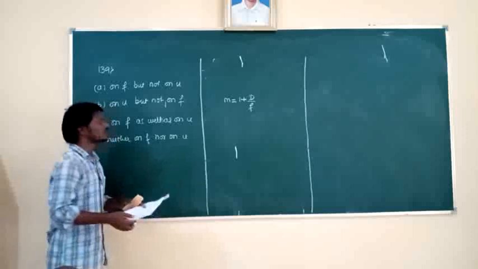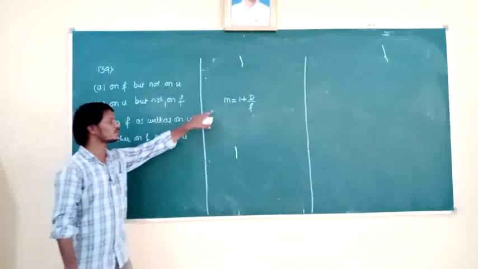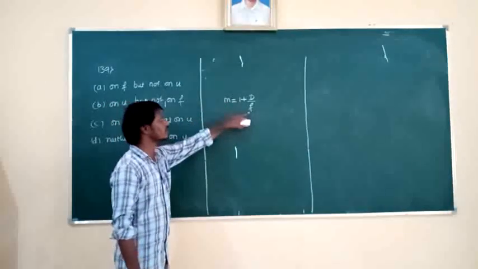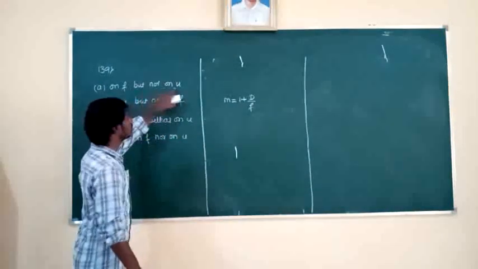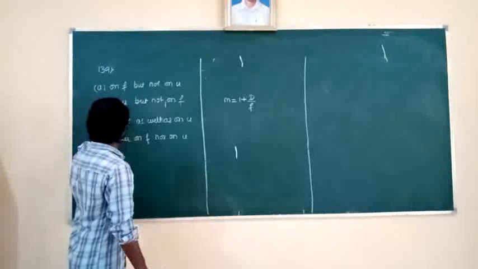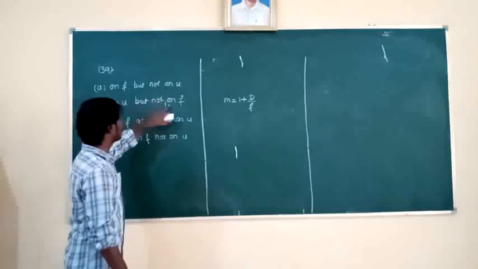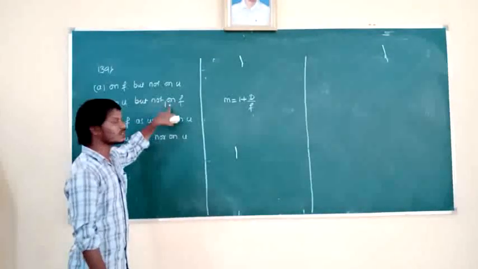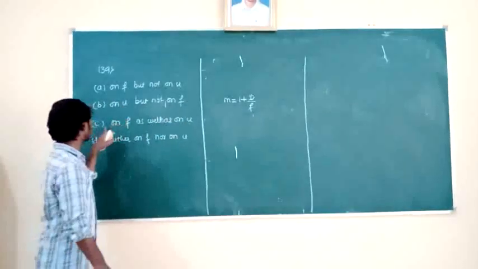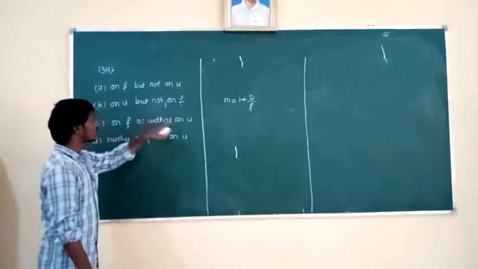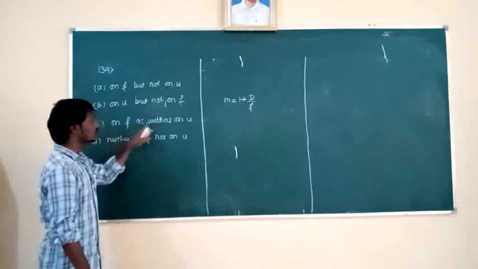So which is the correct option here? By this formula, magnification depends on focal length but not on u, meaning it depends on f but not on u. The second option, on u but not on f, is wrong because it depends on focal length but not on object distance. The third option, on f as well as on u, is again wrong because it depends on f but not on u.